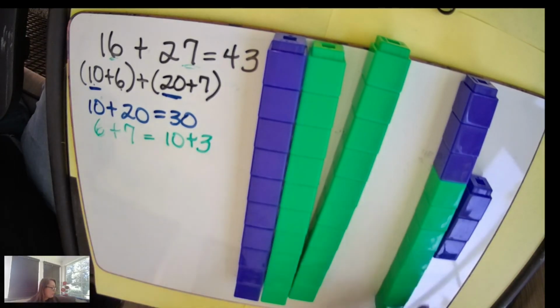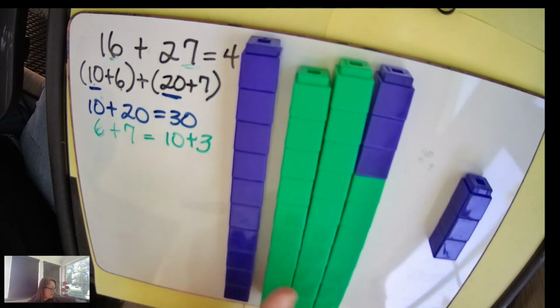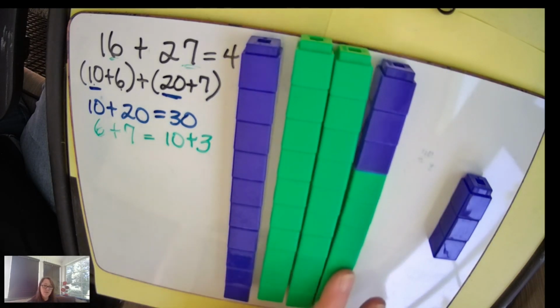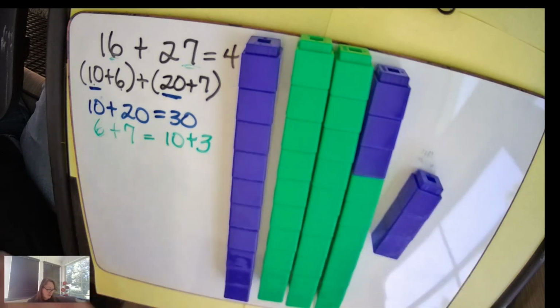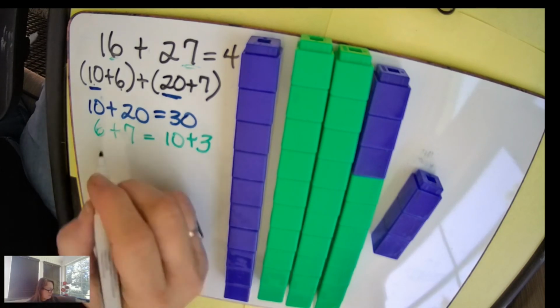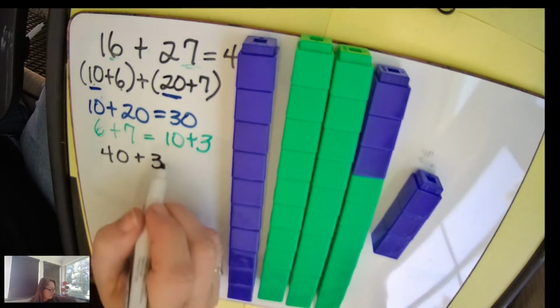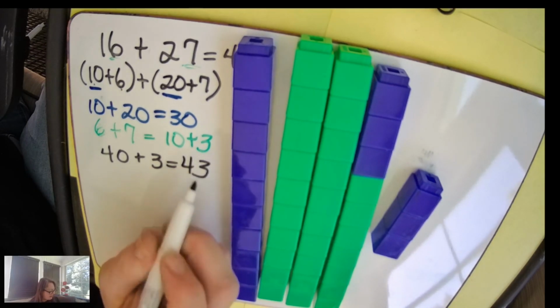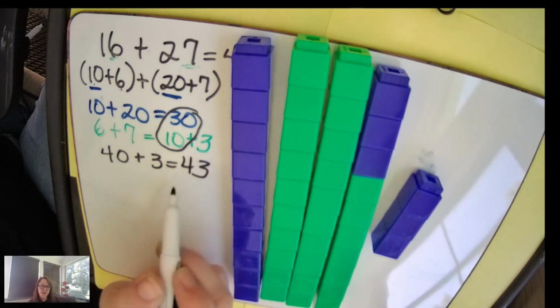And then when we combine the 10s, we have 10, 20, 30, 40, 41, 42, 43. And that equals 43. 40 plus 3.